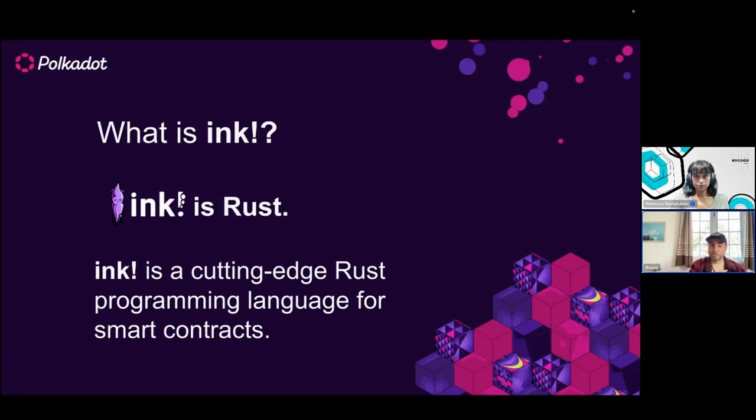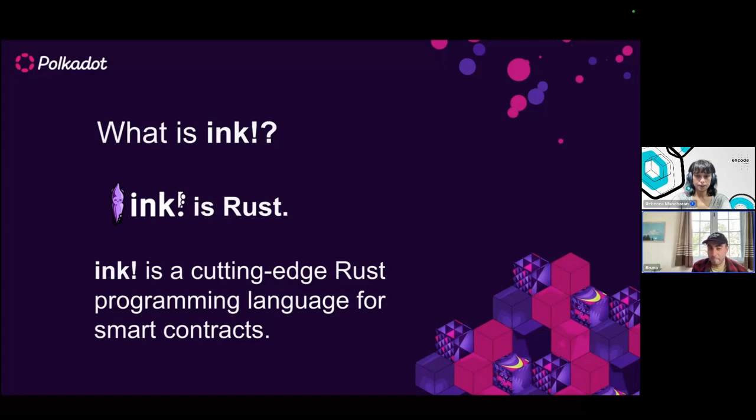Ink, from my personal experience, is a great programming language to write smart contracts in, especially if you're in the Polkadot tech stack. If you're in Substrate, Polkadot SDK, building blockchains, parachains, it's all Rust. So you're investing in the Rust stack. And when you're working with Ink, you have access to all of the Rust ecosystem, all the Rust tooling.